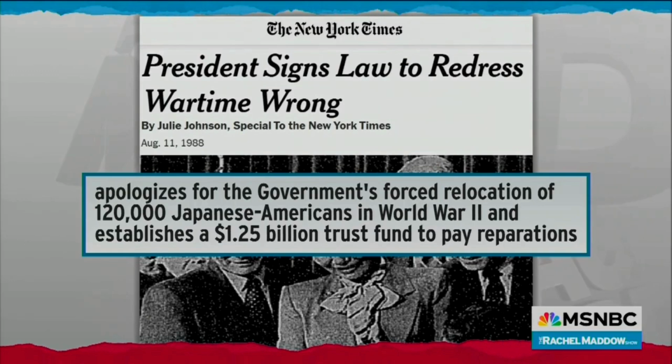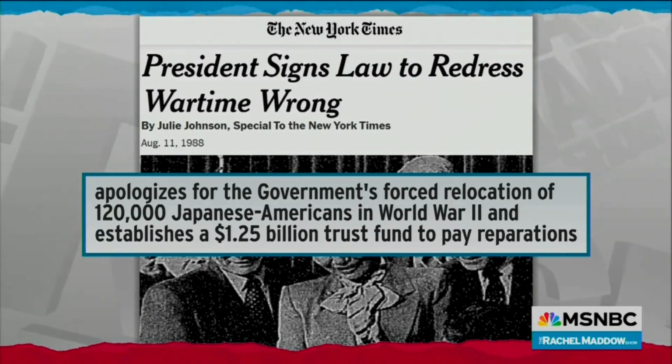That law signed by Ronald Reagan in 1988, the Civil Liberties Act, said that the internment of Japanese Americans had been based on racial prejudice and war hysteria and a failure of political leadership. The 1988 Civil Liberties Act formally apologized on behalf of the United States of America to Japanese Americans for what we had done to them. And it paid them reparations just to try to make it right.